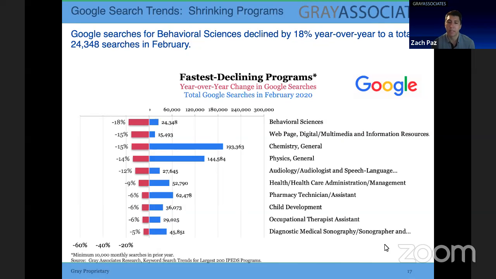Occupational therapy assistants, pretty interesting to see those in decline. We also see two very large programs, chemistry and physics, also in decline. It'll be interesting to see how those will shift over time. But in February, these are the fastest declining programs in our database.